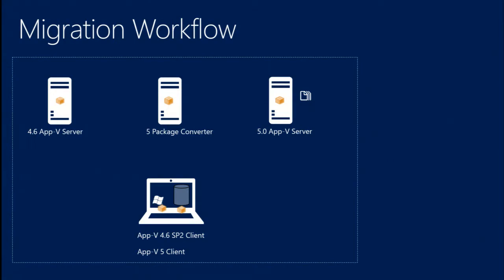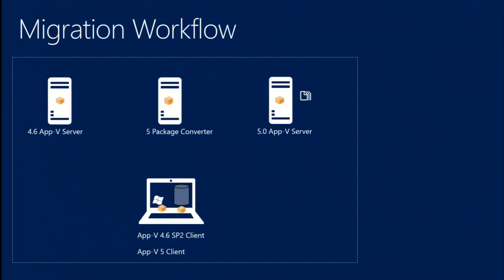When you push it out to the client, it actually takes over the extension points from the 4.6 package. From the user's point of view, it's completely transparent. They're using an app, and they're using App-V 4.6. At some point, you've pushed this out, and it's now App-V 5. Like I said, it's transparent.